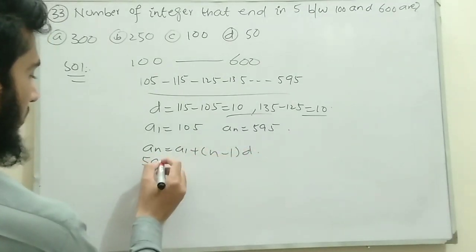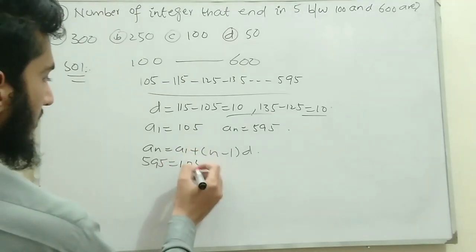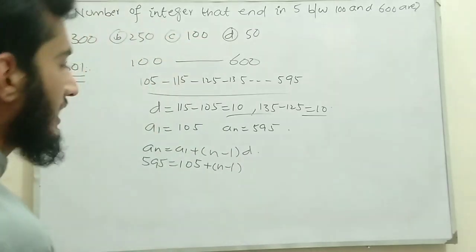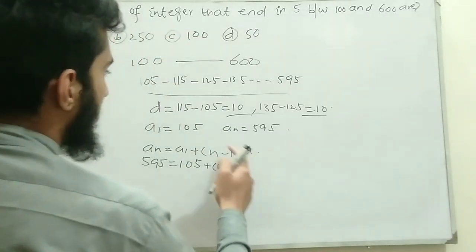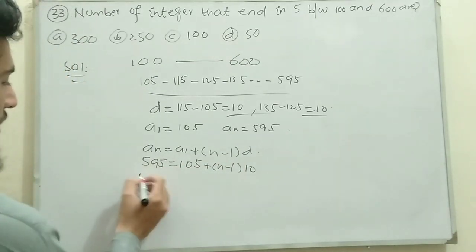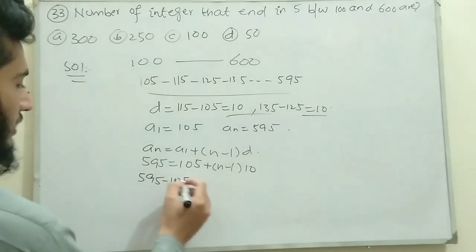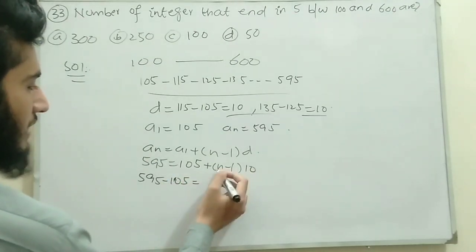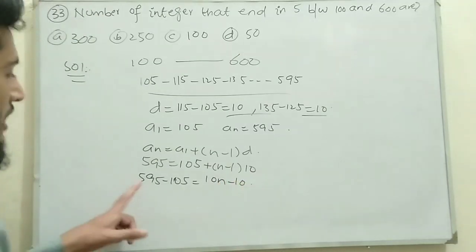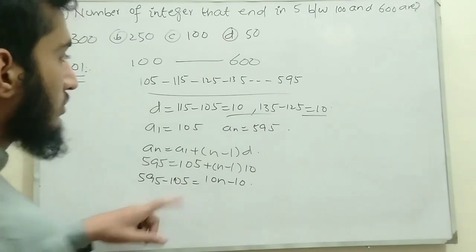An is the last term, 595, is equal to a1, which is 105, the first term, plus n minus 1, where n is the number of terms that we are going to find out, and d is the common difference, which is 10. So after this, 595 minus 105, because 105 will shift to the left hand side, is equal to 10 multiply n gives us 10n, and 10 multiply negative 1 gives us minus 10. 595 minus 105 gives us 490.